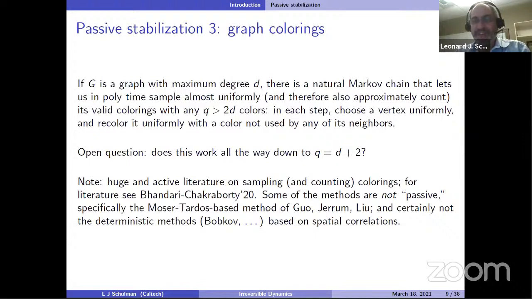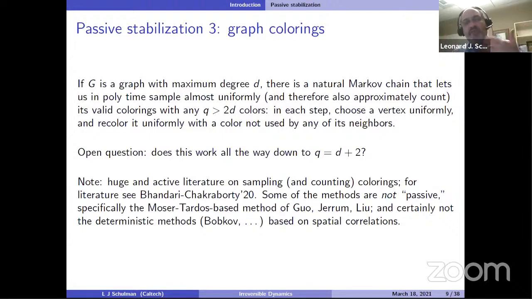All right, let's get back to where we're going. What I want to point out about this algorithm is not this open question that's going to ruin your career, but that there's really a huge literature on graph colorings and sampling from colorings. Some of those methods are quite different, and in fact don't look like this at all.